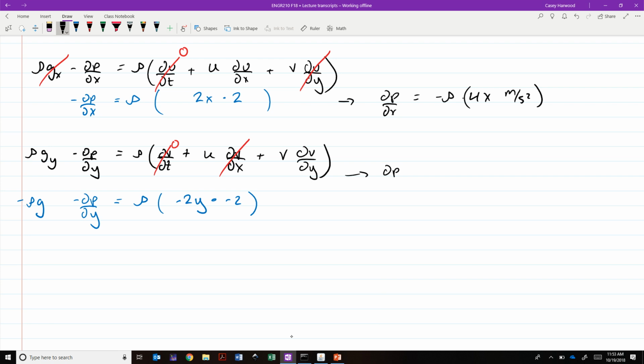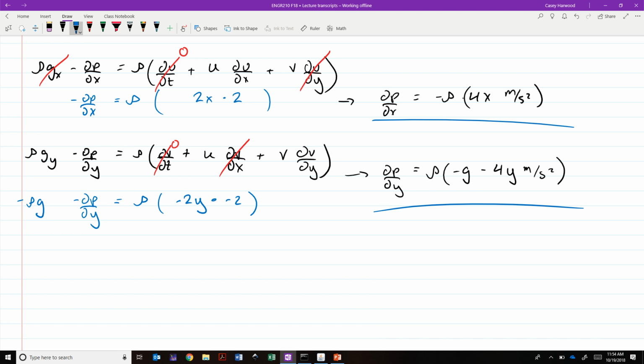And dp dy is going to be equal to negative rho times negative g minus 4y. All right, so that answers the first two parts of our problem.